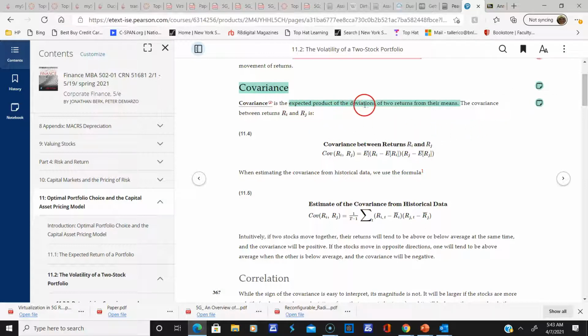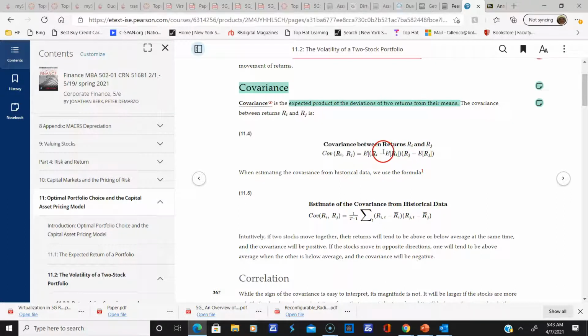The covariance between returns Ri and Rj is, and here's the equation for covariance, the expected value of the return on i minus the mean of i, times the return on Rj minus the mean of j. And again, you see it's a product. So you've got two means and two returns, and basically how much each return is going to deviate from its mean. So that is how it's defined.